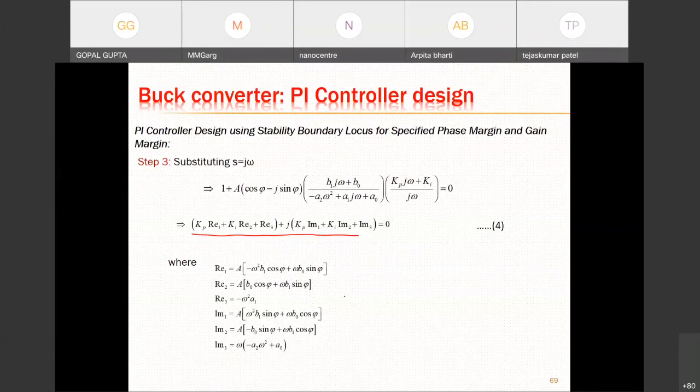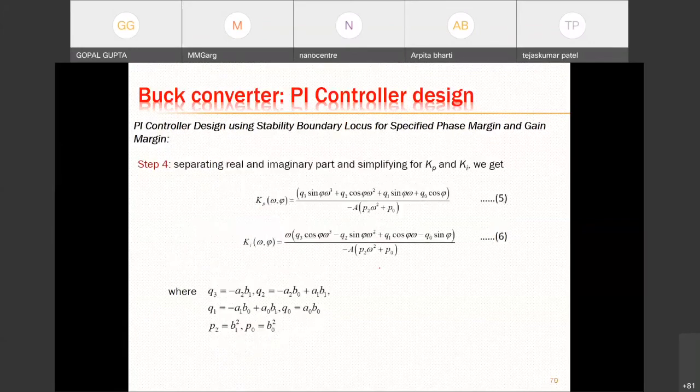Let's say I want that for a compensated system, my phase margin should be 5 and gain margin should be 8. All right. So I write the characteristic equation after compensation, like this. Now I just put s equal to j omega in the entire equation, and I simplify this.